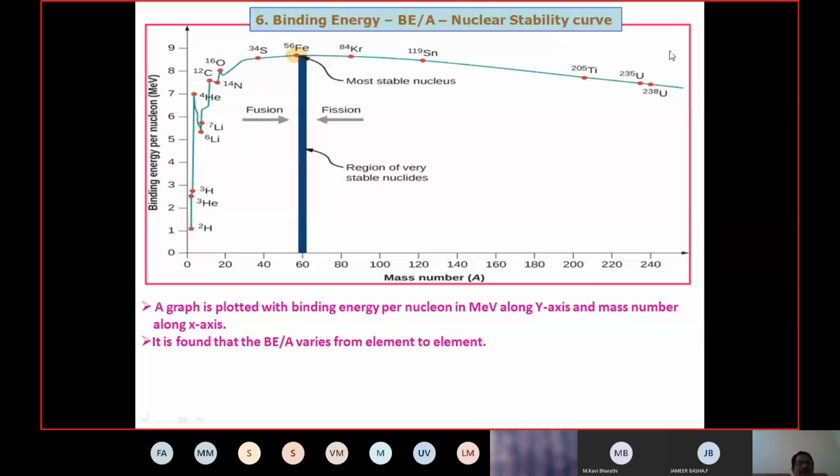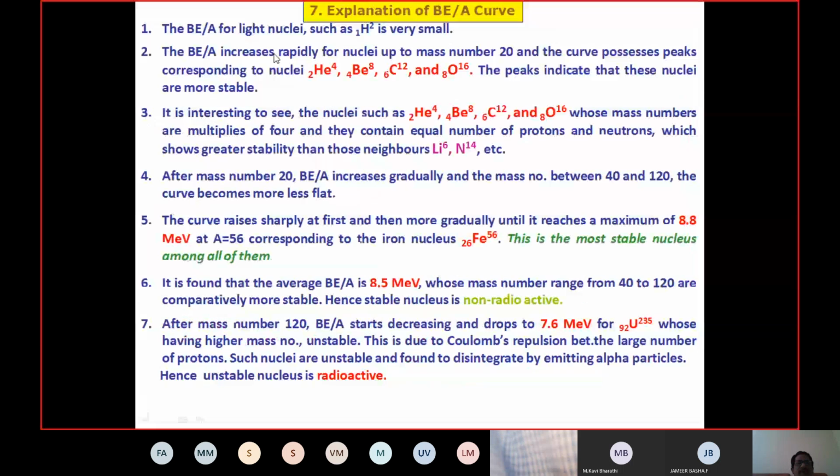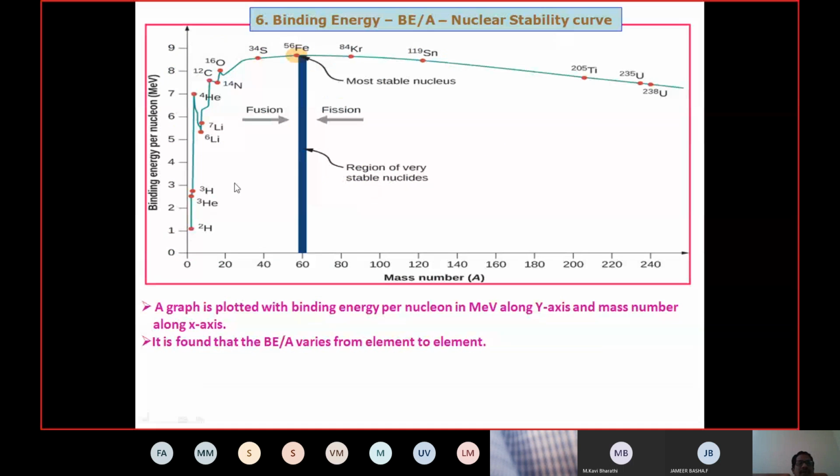See, the binding energy per nucleon of a lighter nucleus such as hydrogen is very small, and the binding energy per nucleon increases rapidly for nuclei up to mass number 20. So up to mass number 20, this is mass number 20 on the x-axis.